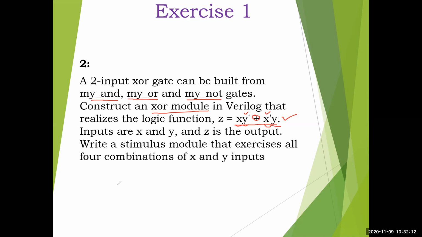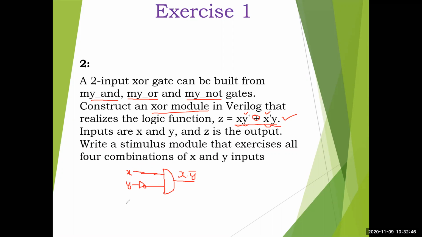Okay. So with this knowledge, how do you construct your gate? First x and y bar. So this is x, and then y will be complemented with your own my NOT gate. This is your my NOT gate. Both these are ANDed, right? So an AND gate is used, and that output is x dot y bar.